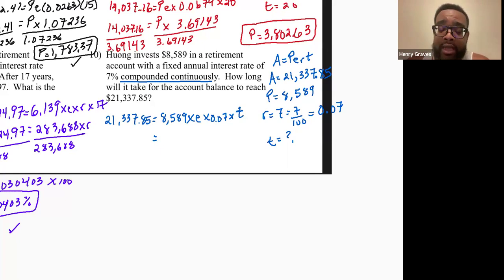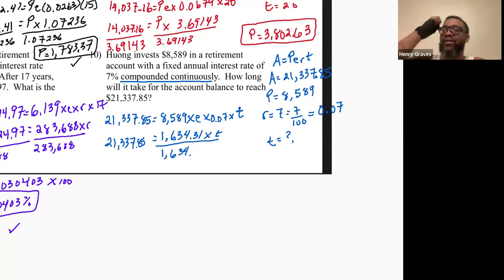It's going to be 1,634.31 times T equals 21,337.85. Now I'm going to divide both sides by 1,634.31. And it's going to be a long number.